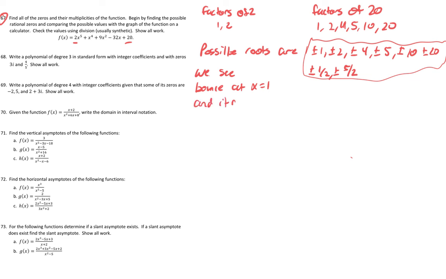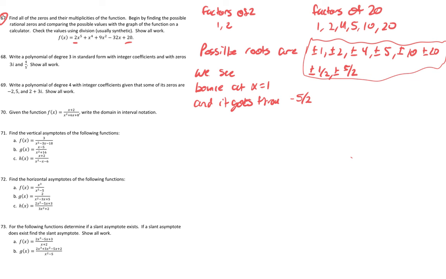And it goes through, that looks like about -5/2, somewhere between like 2 and 3 on the negative side there. So now we can start doing synthetic division or polynomial division. Might as well do synthetic division.